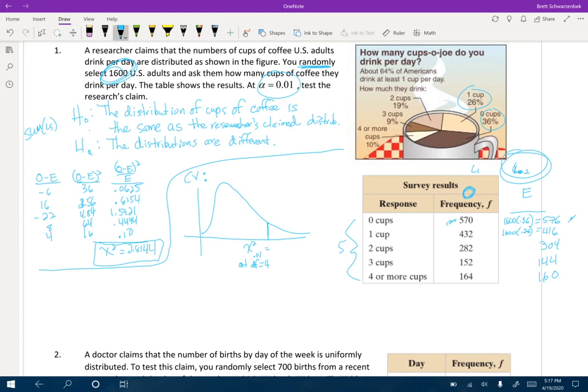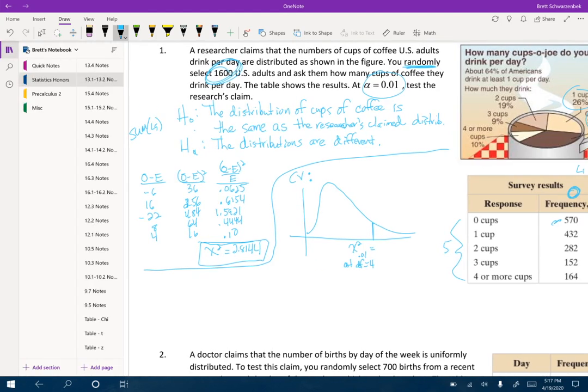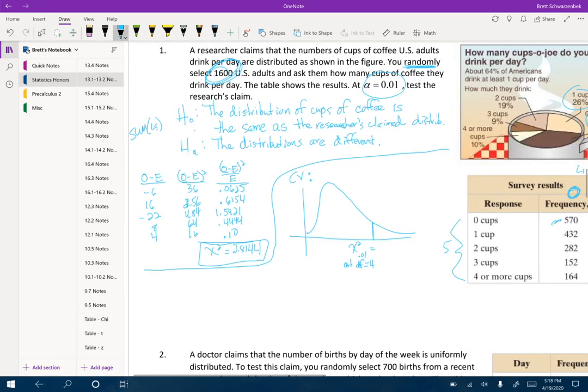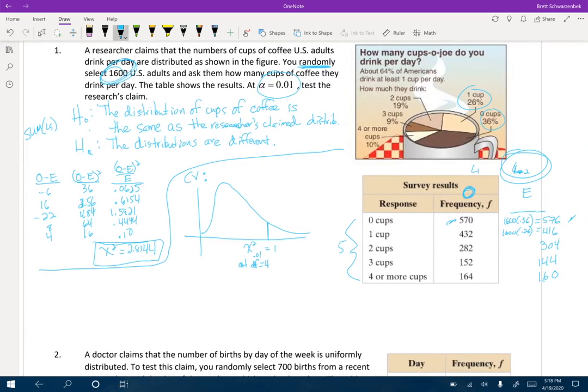So we would go into our chi-square table and find our 0.01 column, and we would find our 4 degrees of freedom, and it looks like 13.277 is our value. 13.277. So this marks the cutoff between reject and do not reject.